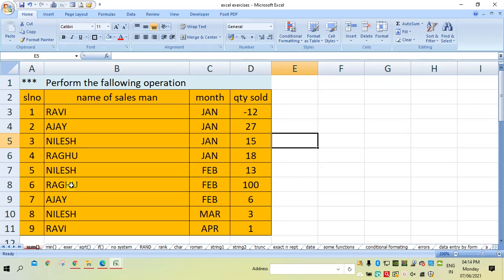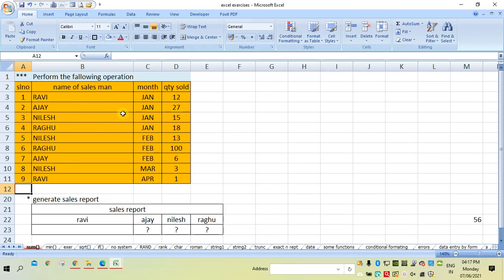So using the SUMIF function, let us generate the report. This is the total sales table which includes all the candidates' sales. Whereas if you want individual sales reports, for example Ravi, Ajay, Nilesh and Ramu, we can write SUMIF functions in this way.